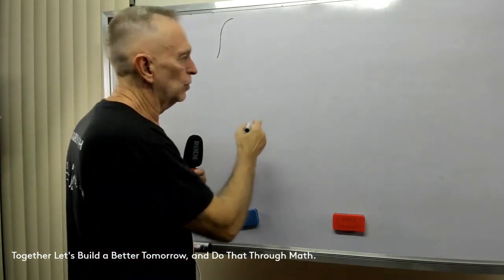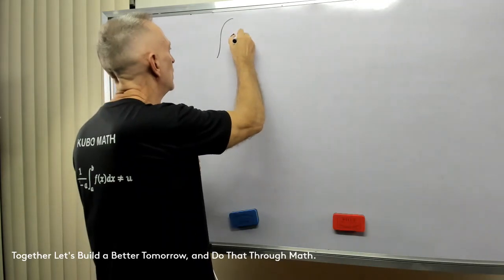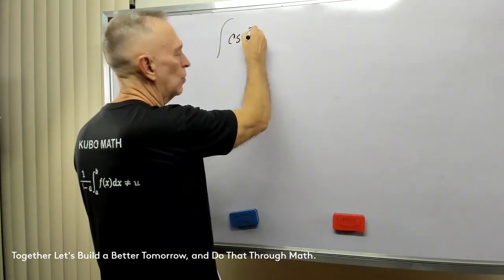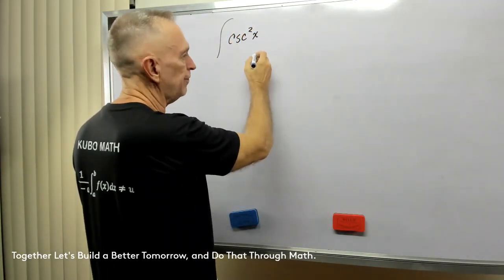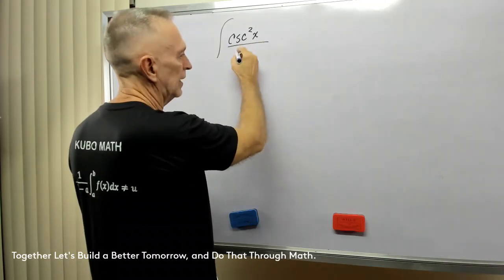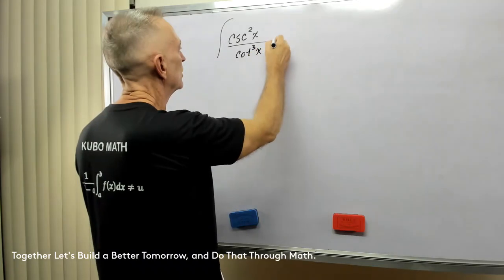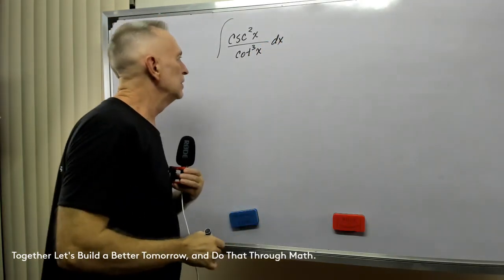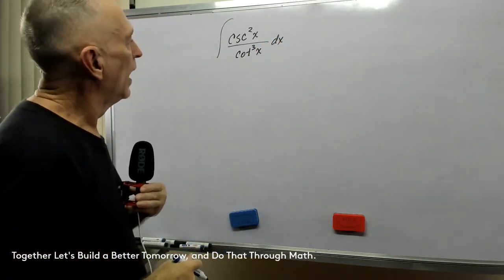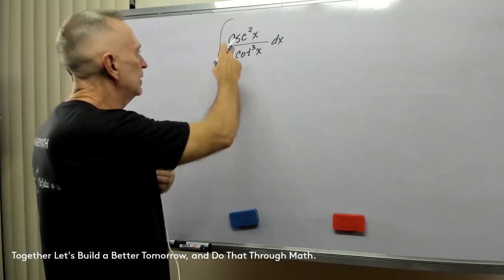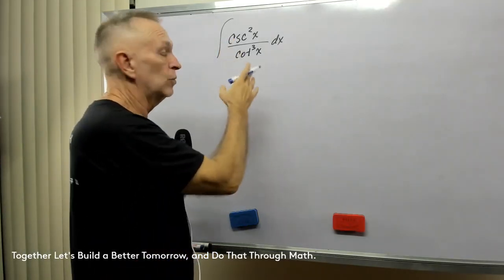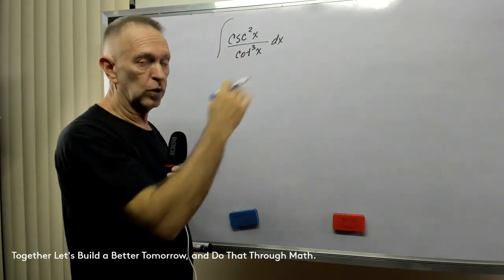All right, this one, last one. Cosecant squared x divided by cotangent cubed x dx. Whoa, this one's crazy. Okay, we know cosecant is 1 over sine.